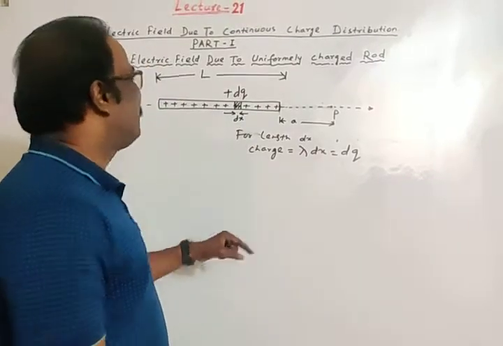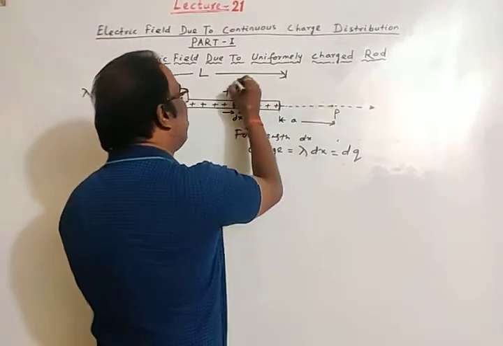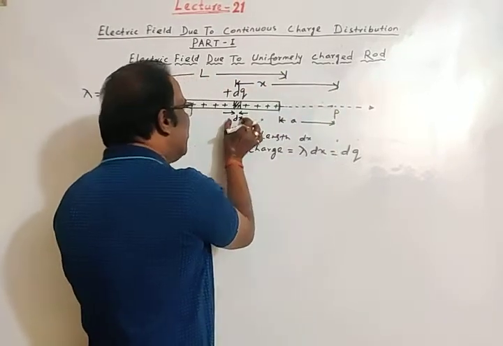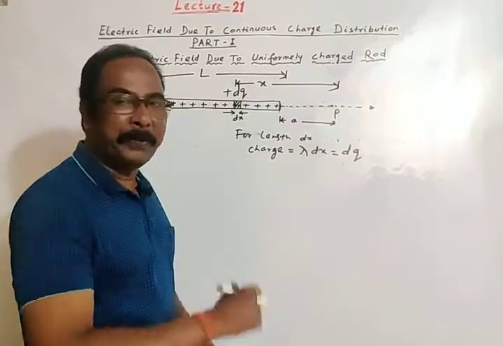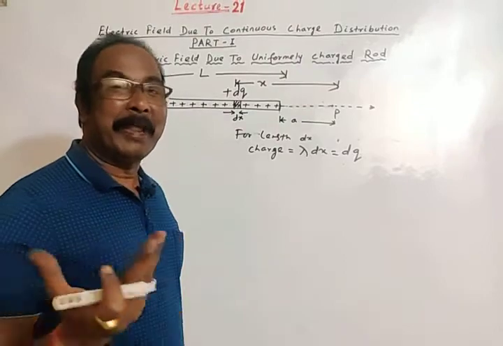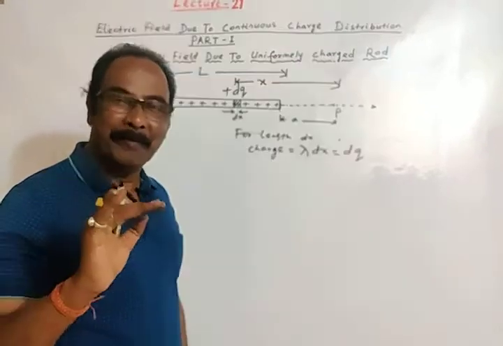Okay, now let's consider this point P is at a distance x from this elemental charge dq. Then we can apply the formula: electric field is kq by square of distance.